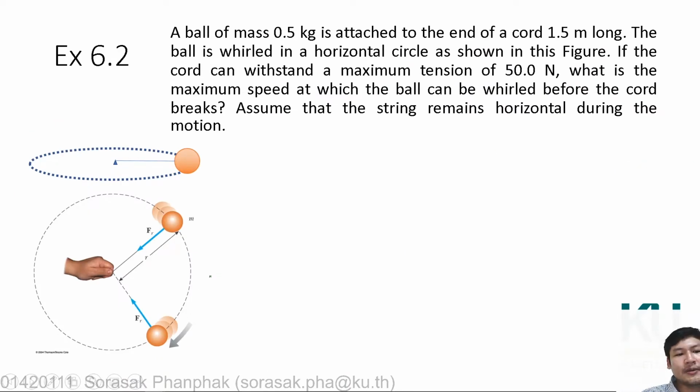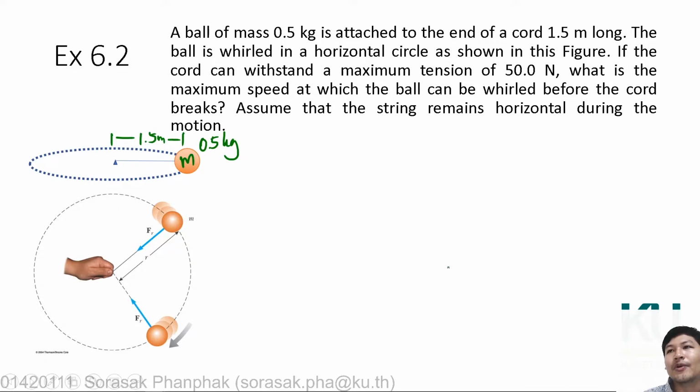How about this one? This is still another circular motion that has the mass m attached with a string, and this is 0.5 kilogram. The cord length is 1.5 meters.